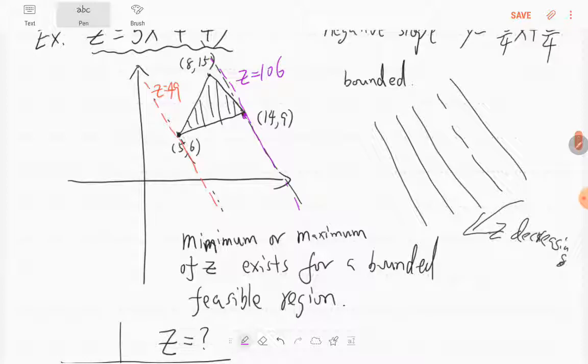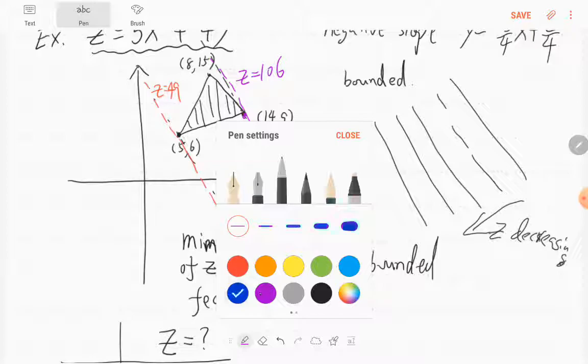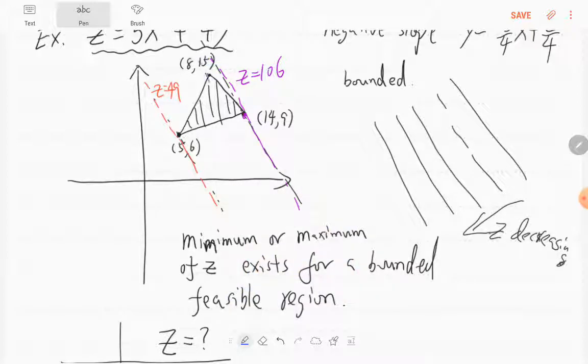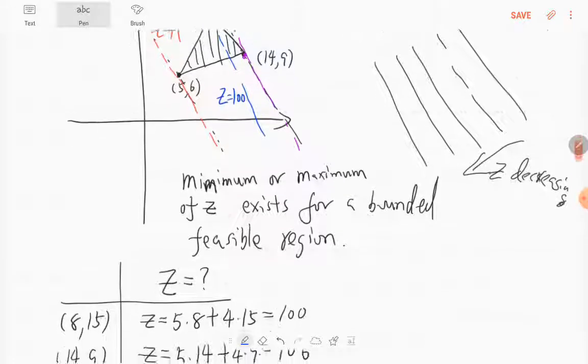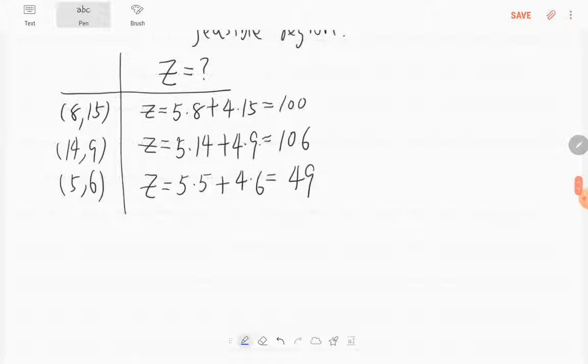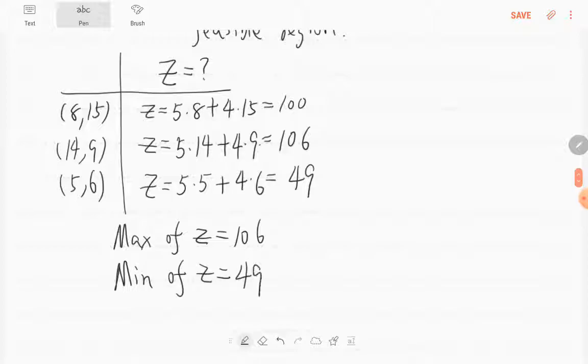And you have another line which goes through this point, representing z equals 100. So the maximum of z is equal to 106, and the minimum of z is equal to 49.